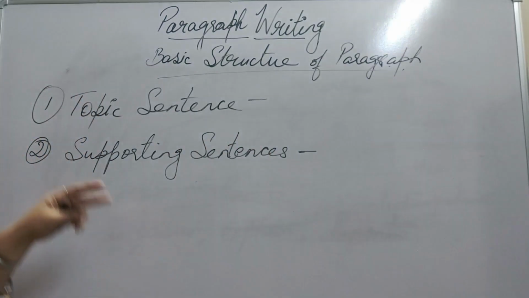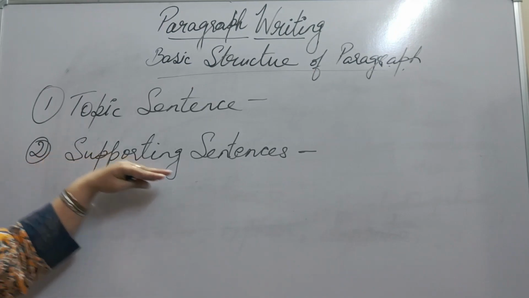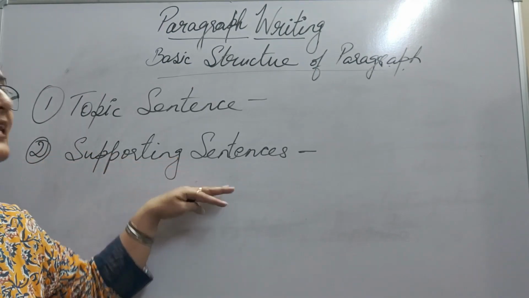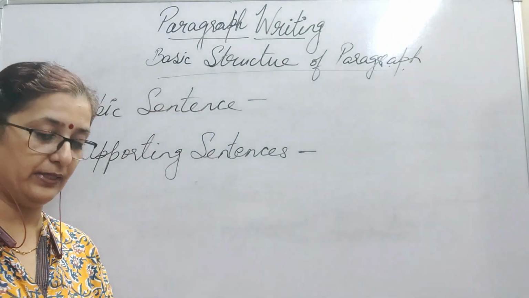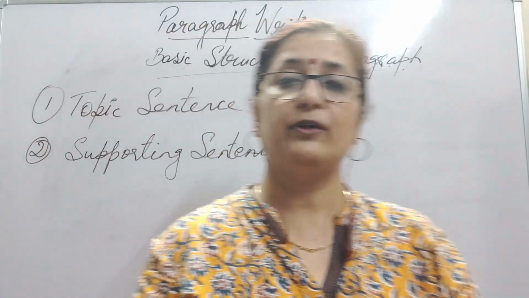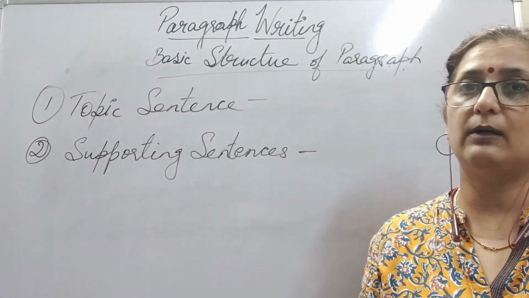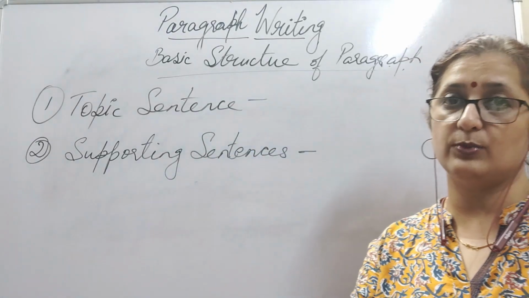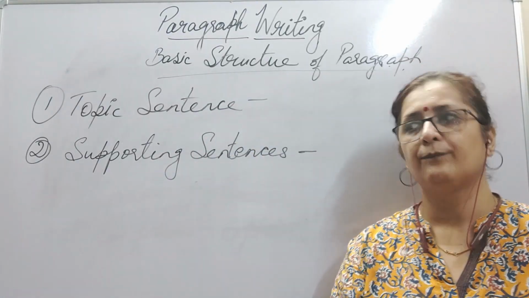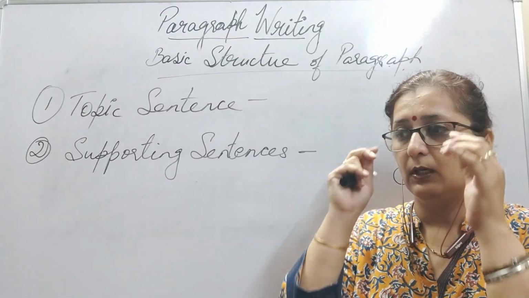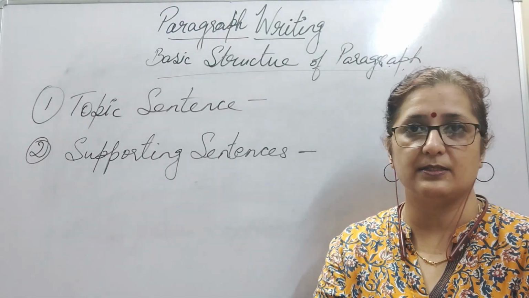Okay? Now, what does this supporting sentence do? It elaborates on the topic that we are talking about. It elaborates on the topic, meaning it is talking more about the topic sentence. Suppose we are talking about a vacation spent somewhere.